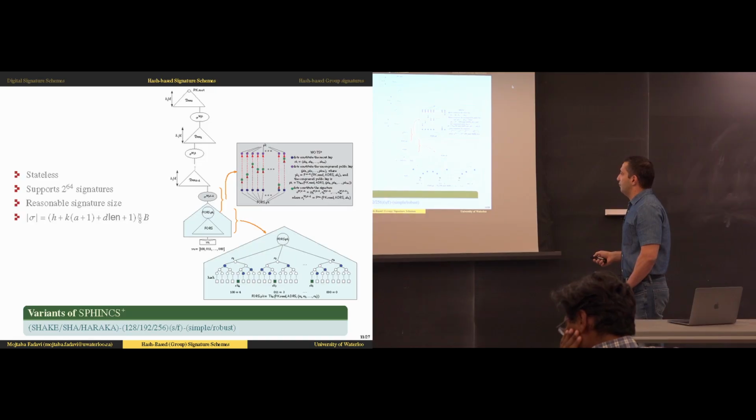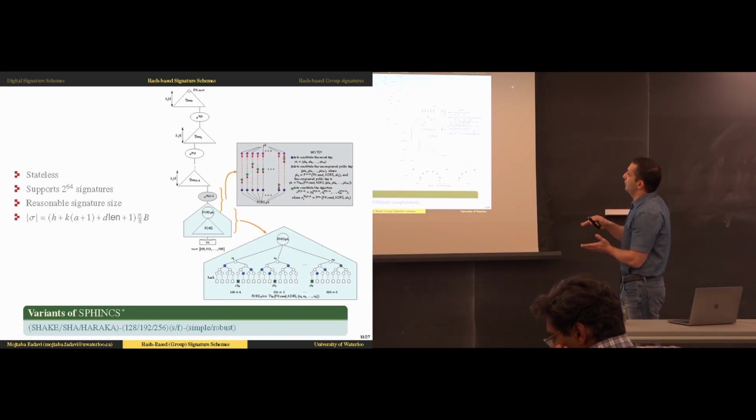On the other hand, in the case of S, the height of Merkle trees is about 7 and 8. But in the fast case, the height of Merkle trees is 3 and 4. And the Merkle trees are smaller, and they can be constructed faster. But the signature size is larger.